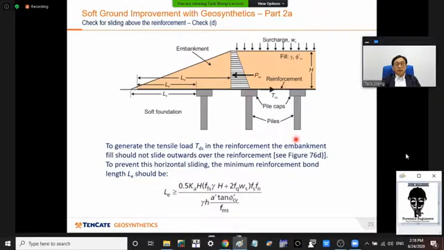This is check D. It concerns the tensile load, which I mentioned just now. It is the outward push that the TDS, and you have to also check that the fill should not slide outwards over the reinforcement on top.